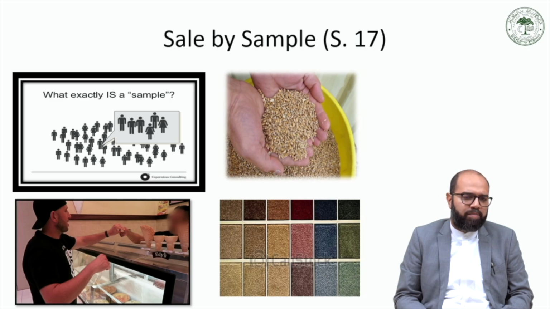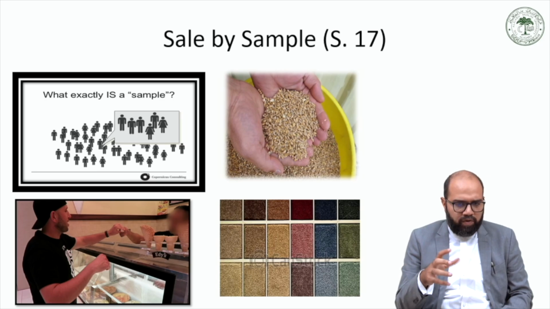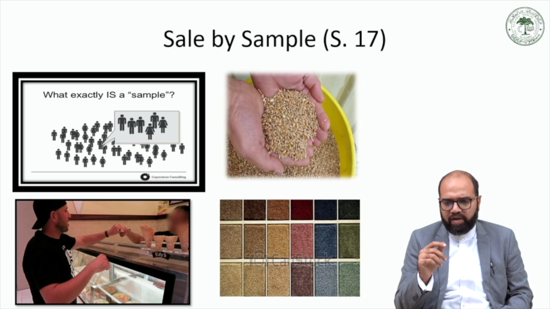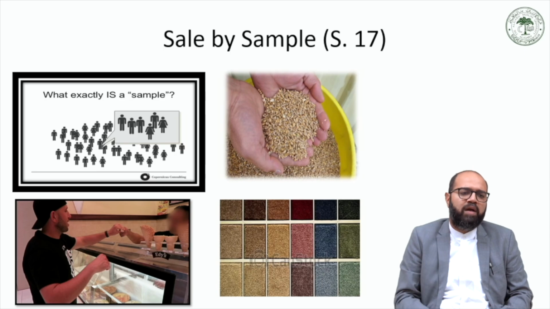For example, if you go to a well-known ice cream parlor, Naturals ice cream, they give you the option of first tasting it before you place an order. The thing with the sample is that whatever is taken as a sample should correspond with the remaining bulk in terms of its quality.